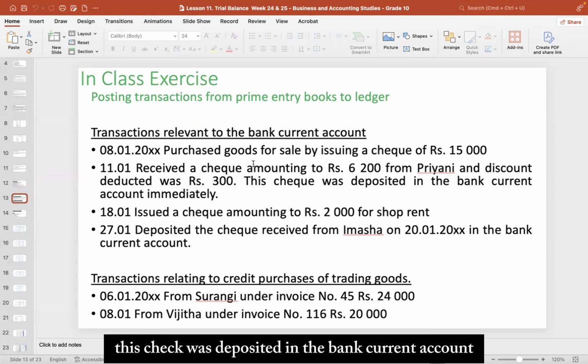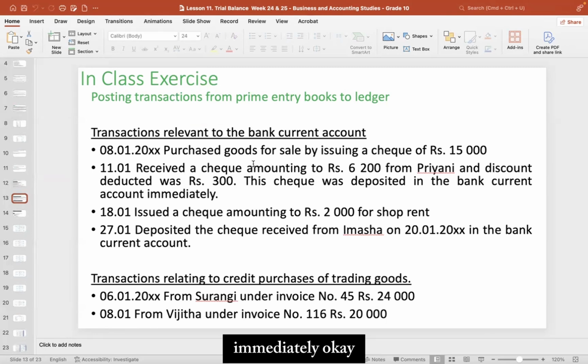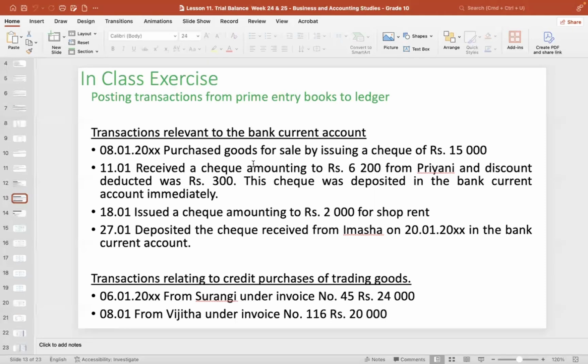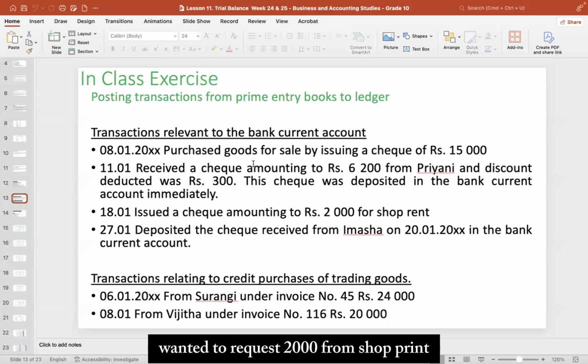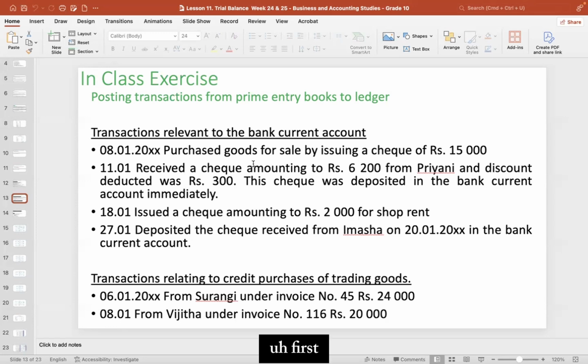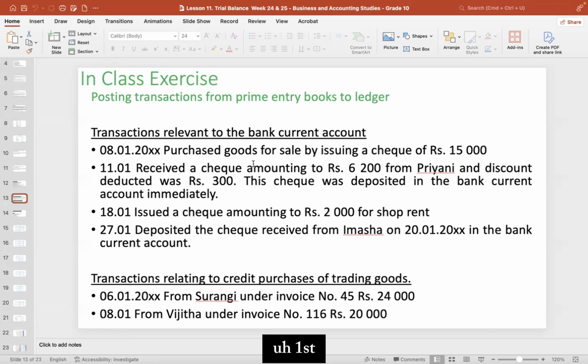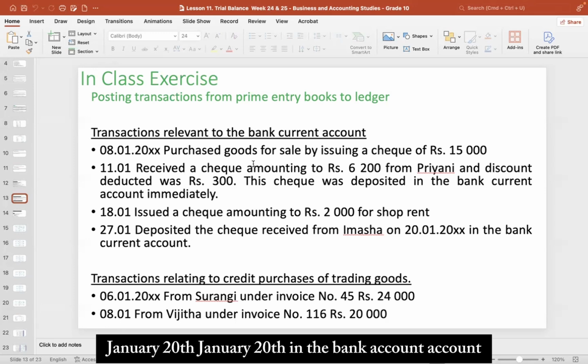This check was deposited in the bank current account immediately. In the bank account also we have discounts in this question. Then January 18th, issued a check amounting to rupees 2,000 for shop rent. On 27th January, deposited the check received from Imasha on January 20th in the bank current account.